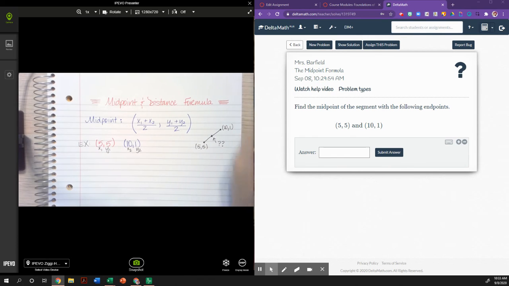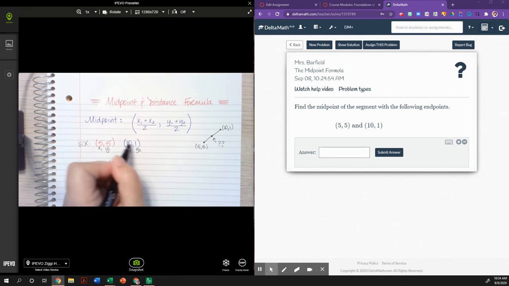The formula says that I take my x values, I add them up and divide by 2. So the midpoint equals 5 plus 10 divided by 2. So I took the x values and I divided them by 2.